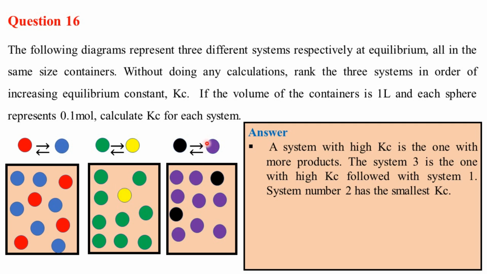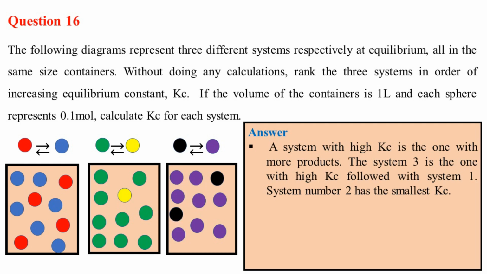Now let's go to the third system. In the third system, you can see there is an extremely high amount of the product: 1, 2, 3, 4, 5, 6, 7, 8.